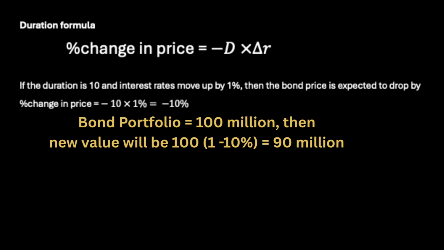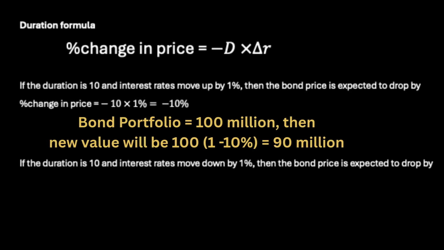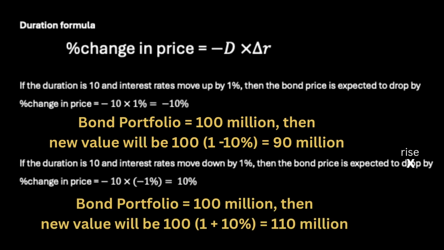If, however, yields drop by 1 percentage point, then the price of the bond is expected to rise by negative 10 times negative 1%, which is equal to 10%. In this case, if the bond portfolio is 100 million, then the new bond portfolio will rise to 110 million should yields drop by 1 percentage point.